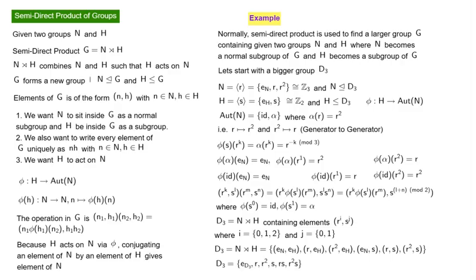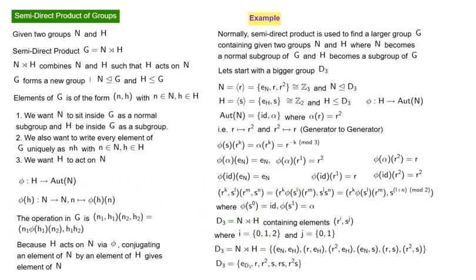Finally, this can be written as D3 is equal to En times Eh, that is the identity of D3. R times Eh is R, R square times Eh is R square, En times S is S, then we have RS and we have R square S. This is the group formed by the semi-direct product of N and H. And in the previous example, we saw the semi-direct product of Z3 and Z2.